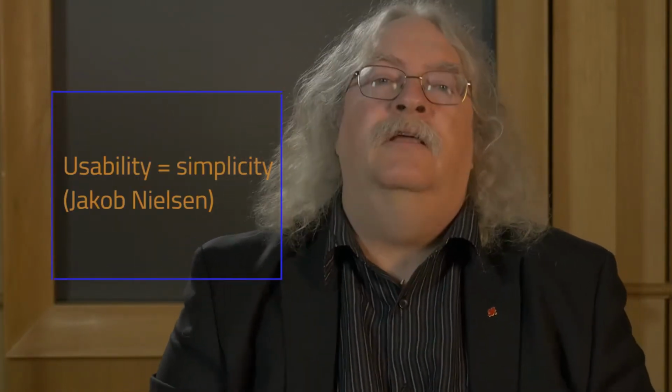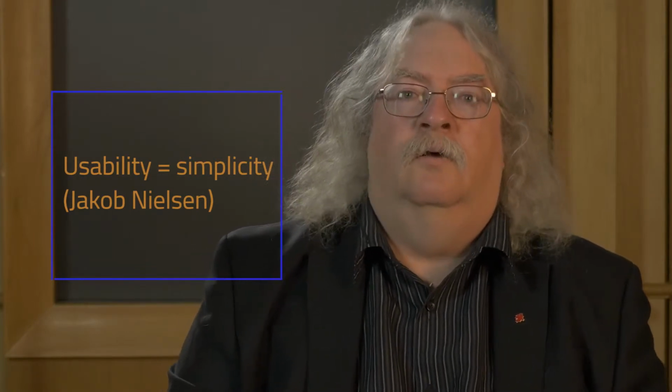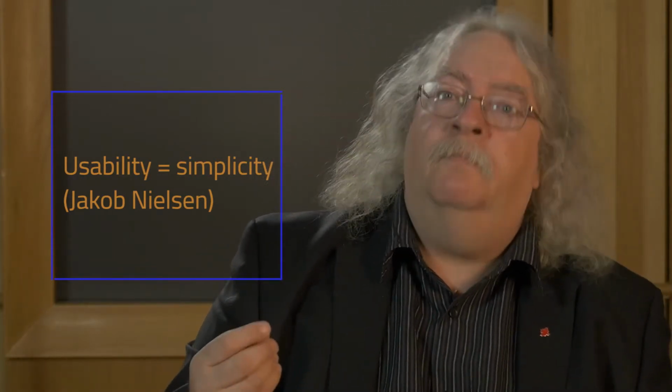The second part of learning on your own, or personal learning, is usability. Usability really can be broken down into two major elements. One is simplicity. This was practically the mantra of usability expert Jacob Nielsen. Keep it simple, keep it simple. But the other part of usability is consistency.